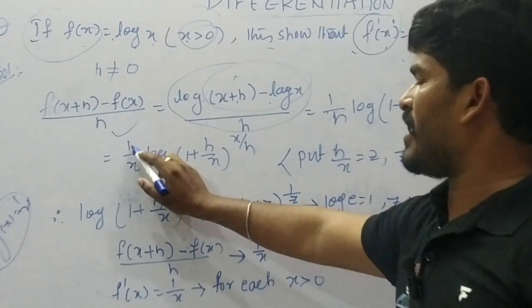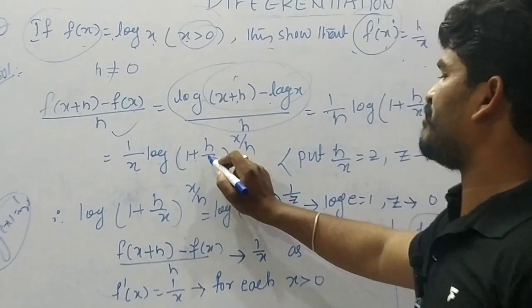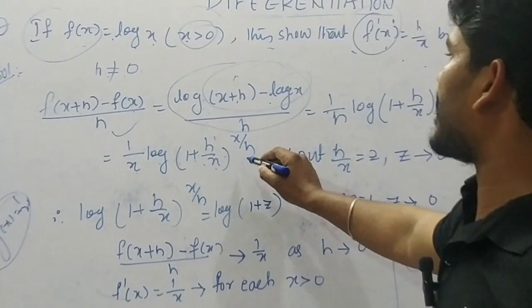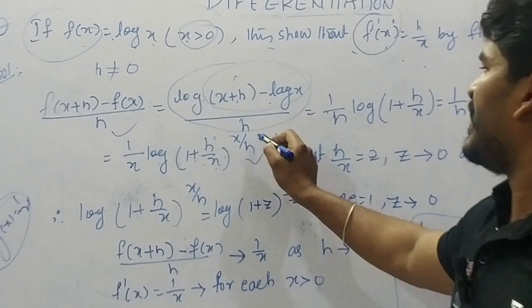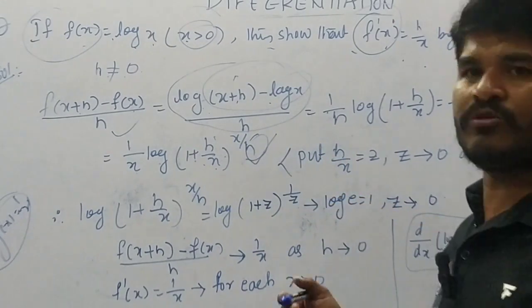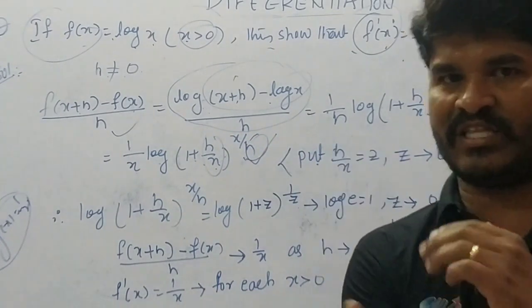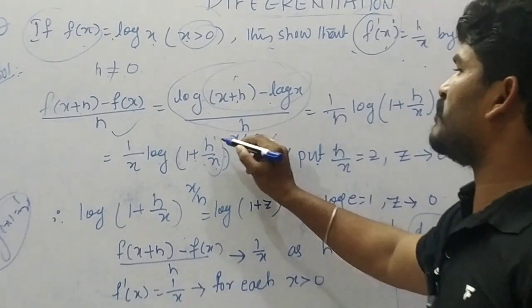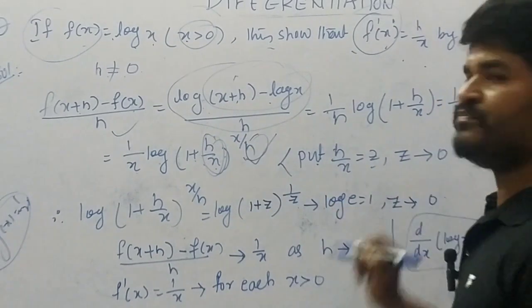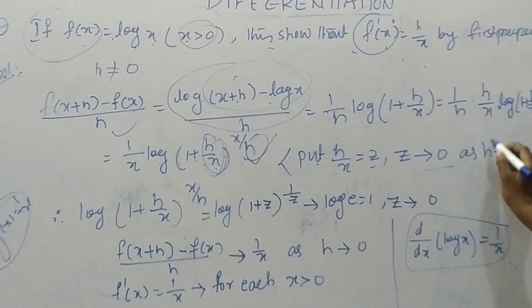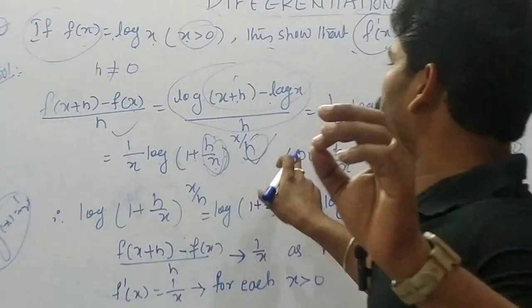Therefore, 1 by x log of 1 plus h by x whole power x by h. Observe that x by h and h by x, two terms are there. Put h by x equal to z, so z tends to 0, the same condition as h tends to 0.